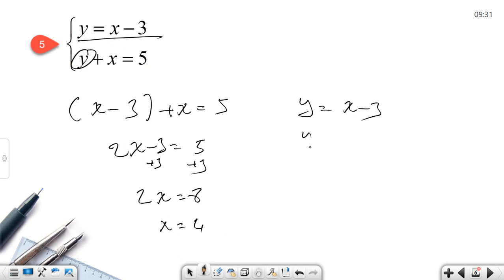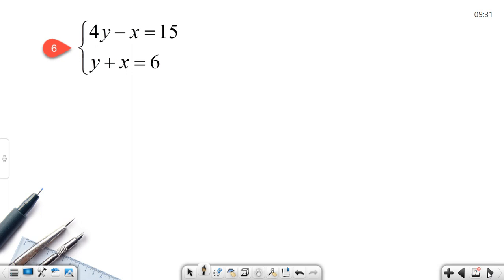So y equals 4 minus 3, y equals 1. So x is 4 and y is 1, which is the solution of this linear system. Don't forget, the solution of the linear equations shows the intersection point of the two lines.